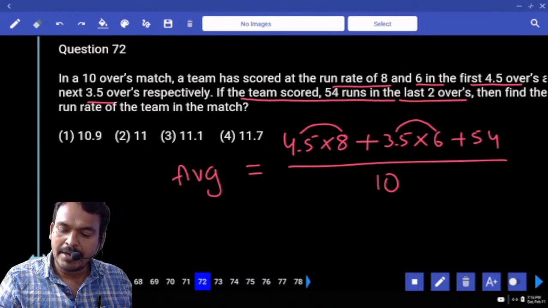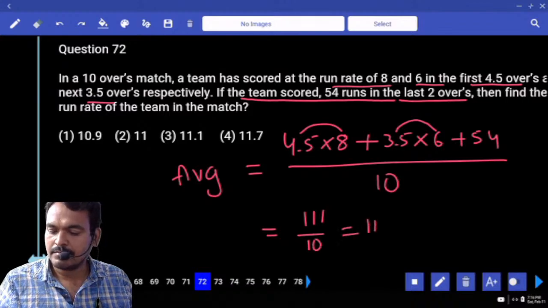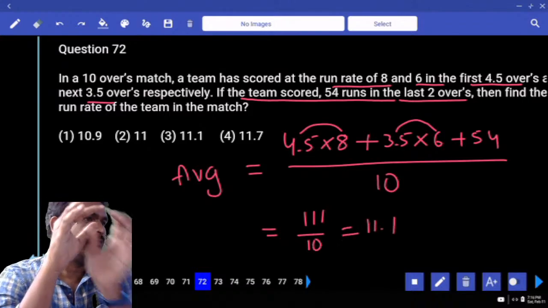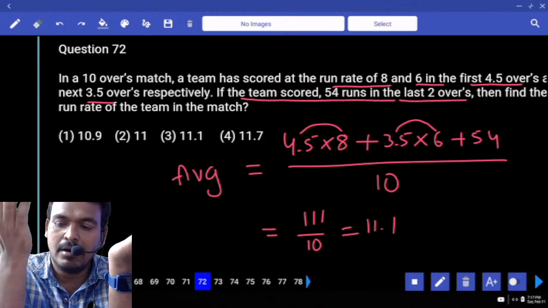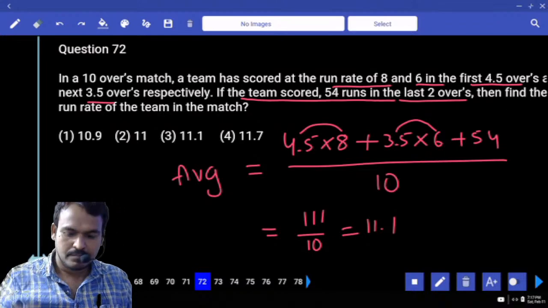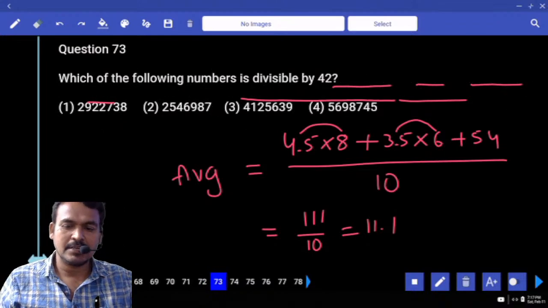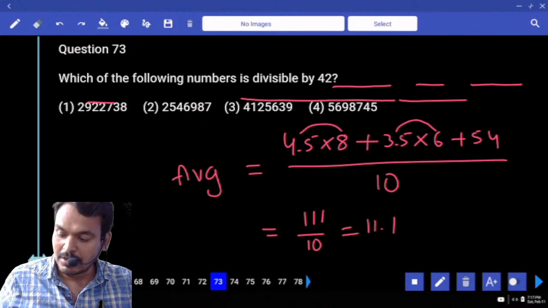By 10 means 11.1. In 10 hours, 111 runs are made, so the run rate per hour is 11.1.